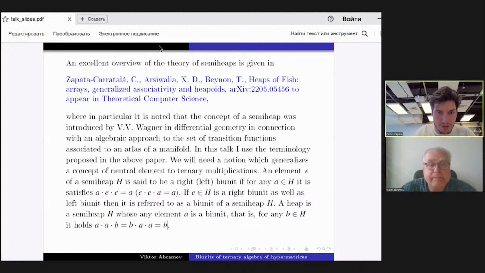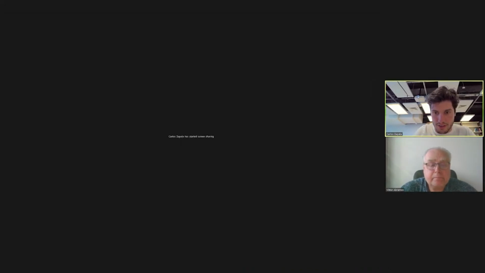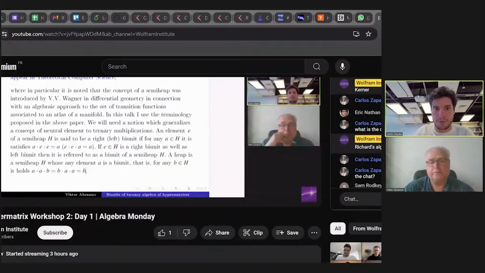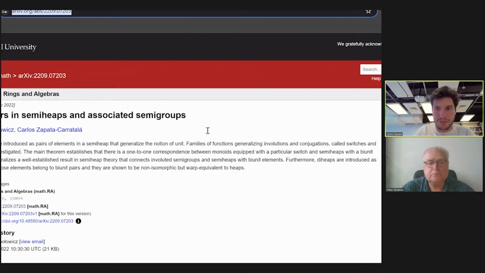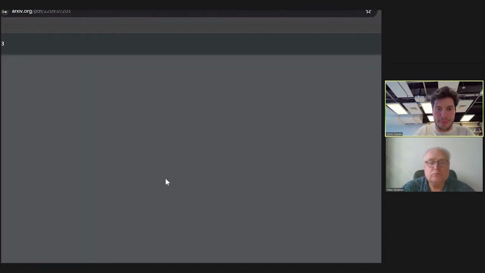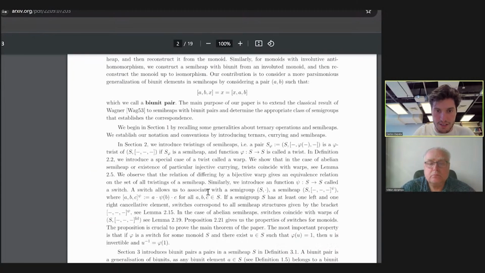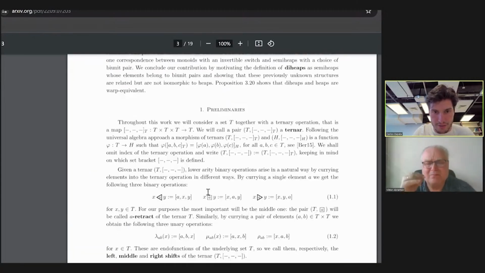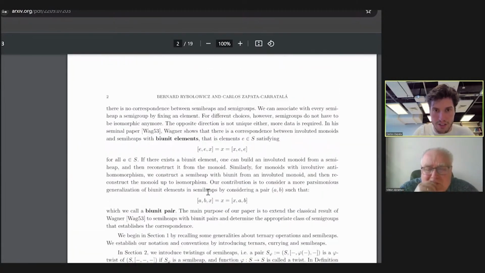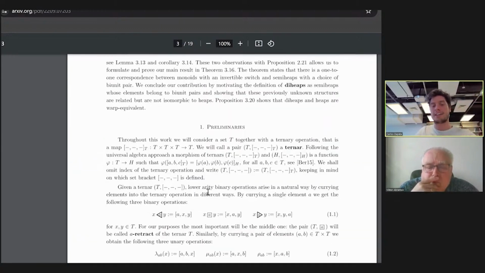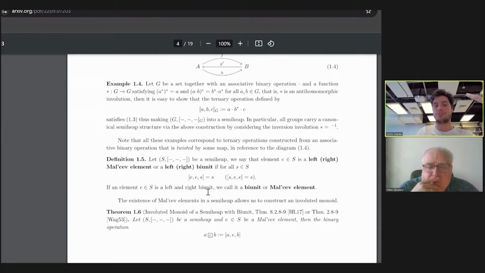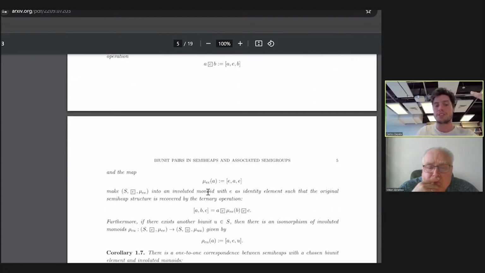The whole point is we find, let me see if I can find the equation. So die heaps are in correspondence with a kind of generalized involutive semigroup.